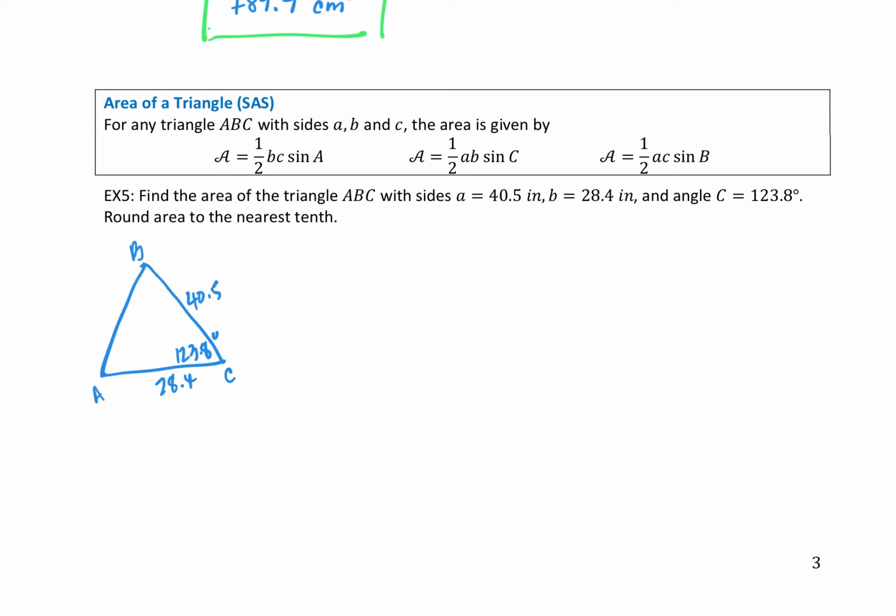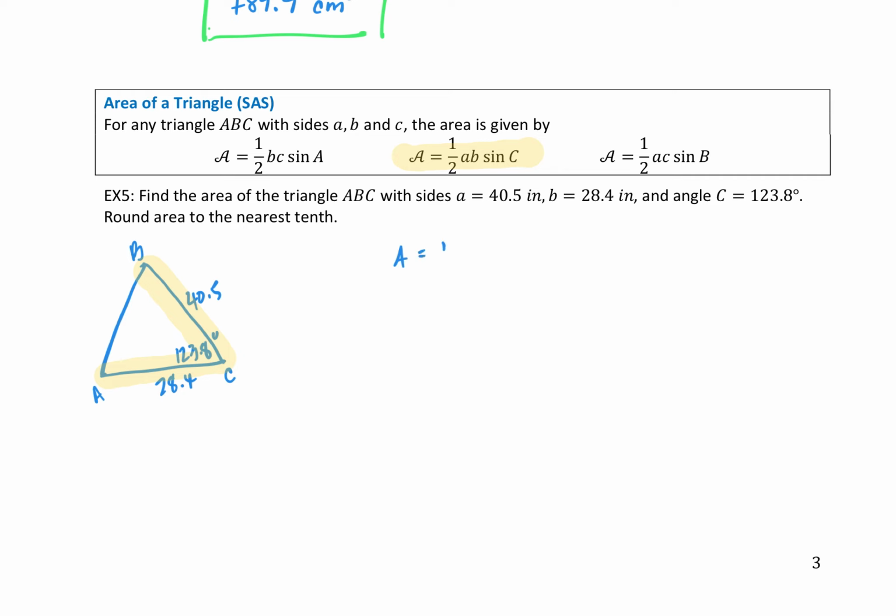This is an example where I have a side angle side. So I can use one of these formulas, and it just depends on what side and what angles you have. Since in this case I have angle C, I'm going to be using this second formula because I have side A, side B, angle C. It's just a matter of plugging these values into a calculator.